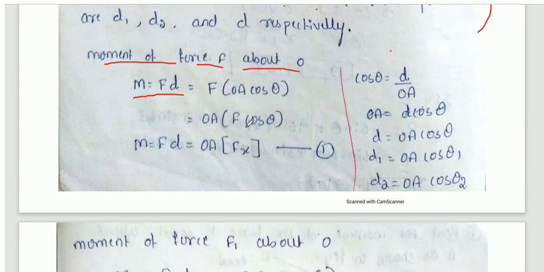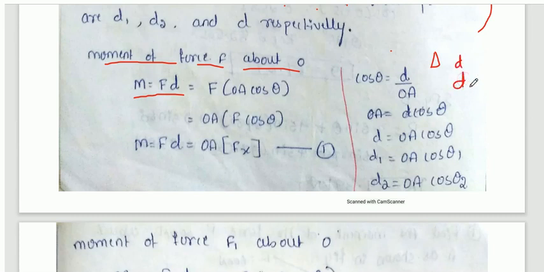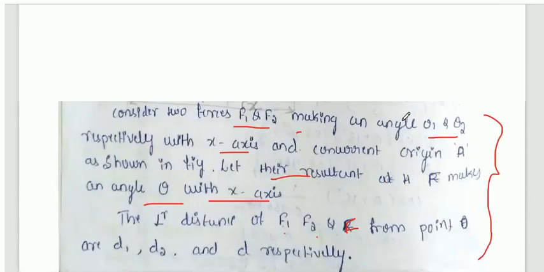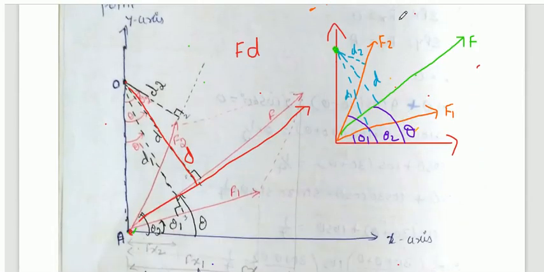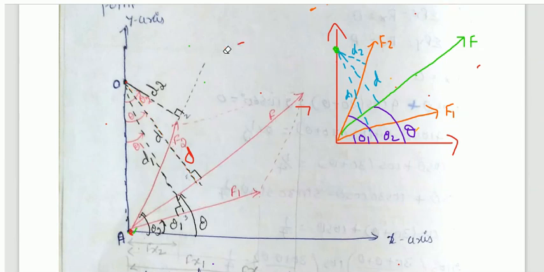But what is the distance D? You need to find it out by applying trigonometric functions. Just consider the triangles and find out the values of D, D1 and D2. You can observe in the figure; I will explain. First you need to consider the triangle. I will draw and highlight it, then you can understand easily.